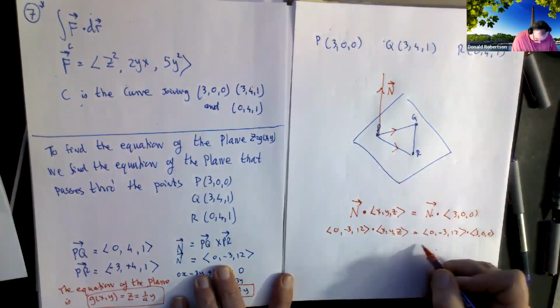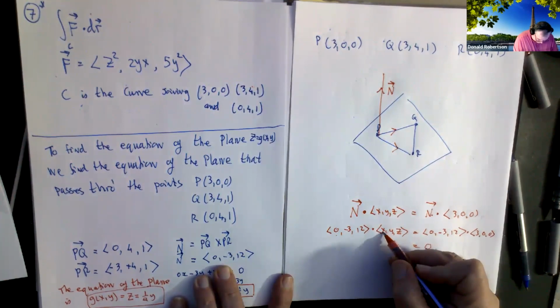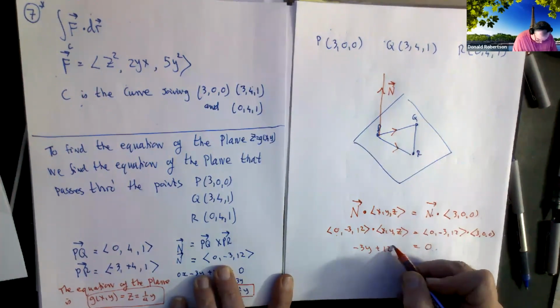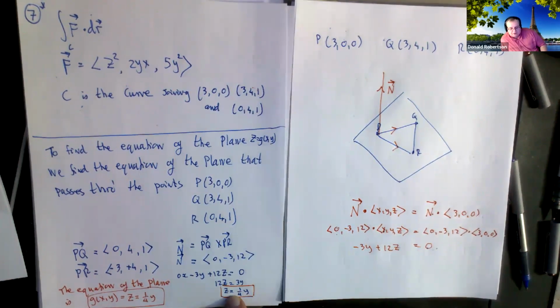Well, actually, after all that work, the answer is 0. And this guy doesn't matter because it's 0. You get negative 3y plus 12z. And it's just a matter of rearranging it and getting it into the z equals format. And you're finished.